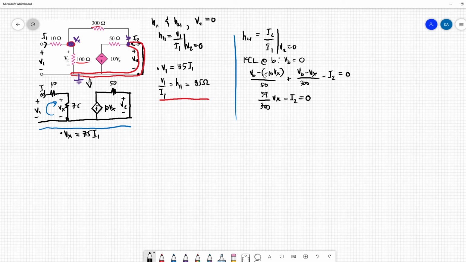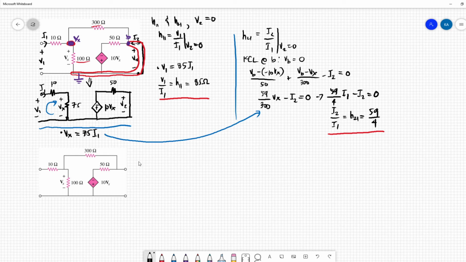So substituting Vx here, this equation becomes 59 over 4 I1 minus I2 equals to 0. So our I2 over I1, our H21, is equal to 59 over 4.